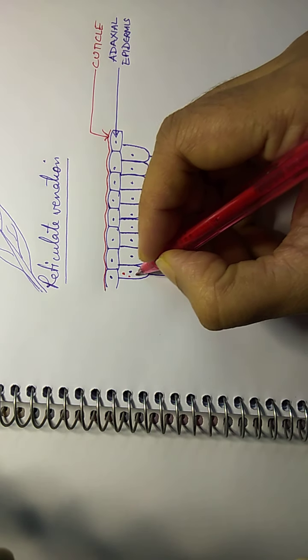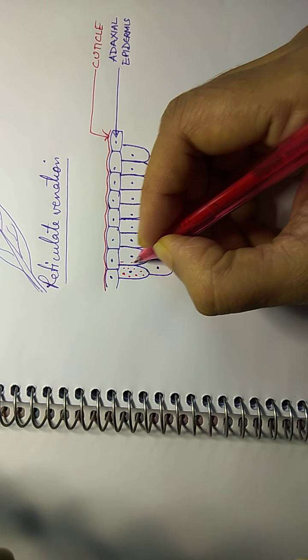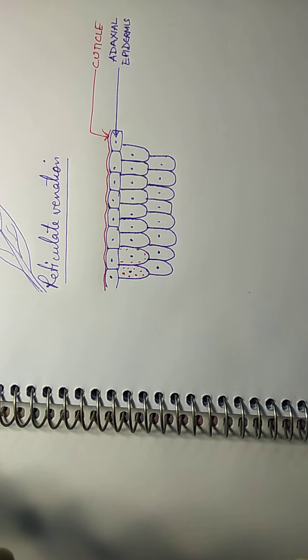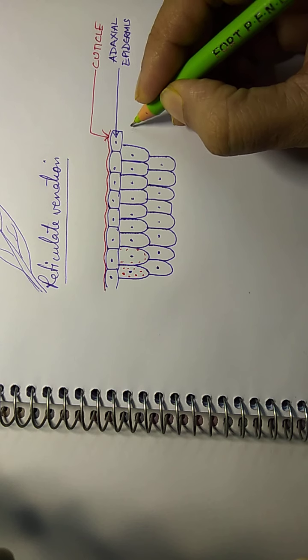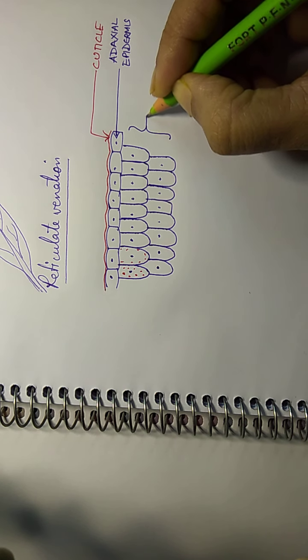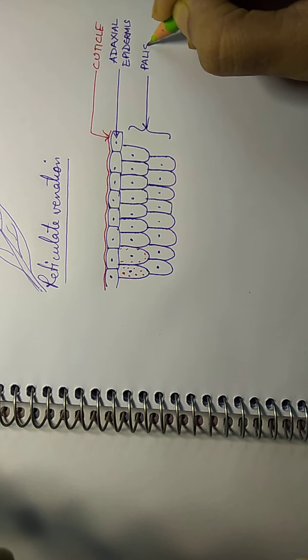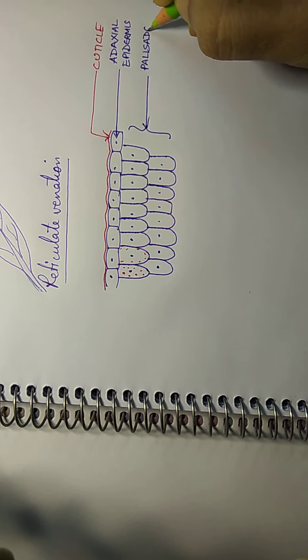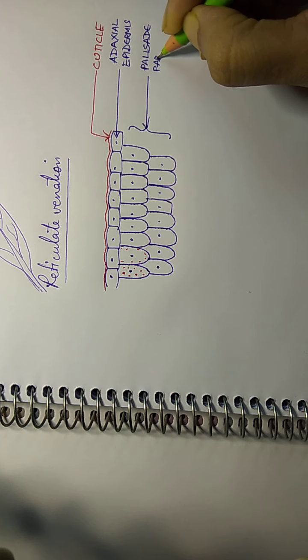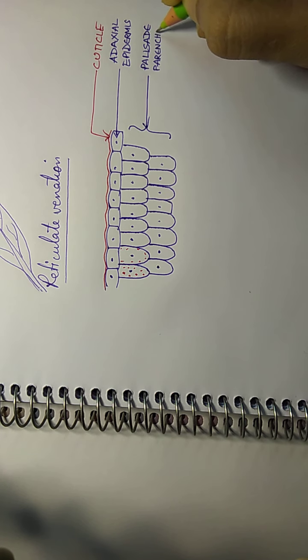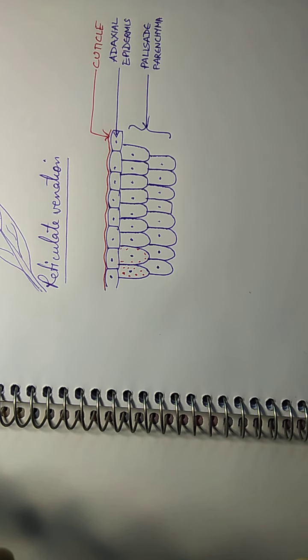Why? To carry out photosynthesis. This layer of cells is called palisade parenchyma. It is absolutely a parenchymatous cell.